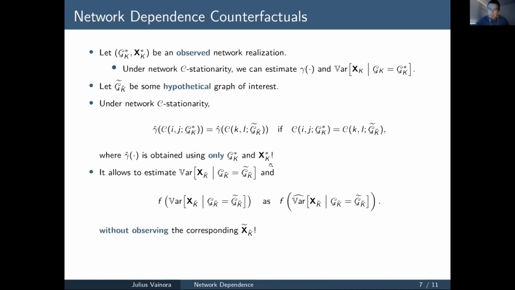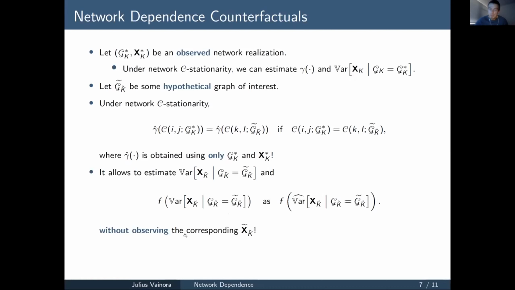And we can go further. If we assume that those two graphs come from the same network process, and that this classifier C does give us C-stationarity, then we can also estimate the whole covariance matrix of this hypothetical graph, and functions of this whole covariance matrix, using this gamma hat obtained using only G star and X star.